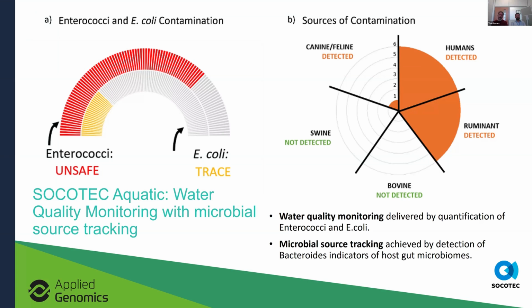But the key difference with the DNA-based analysis that we can do is that we can also detect the sources of that contamination, so that we can see the majority of that bacterial signal is coming from either humans or ruminants, and ruminants, importantly, not bovine, not cattle, but ruminants in the form of either sheep or deer or goats, that sort of thing. So all of that gives you a lot of information as to what are the potential sources and how to potentially mitigate those.